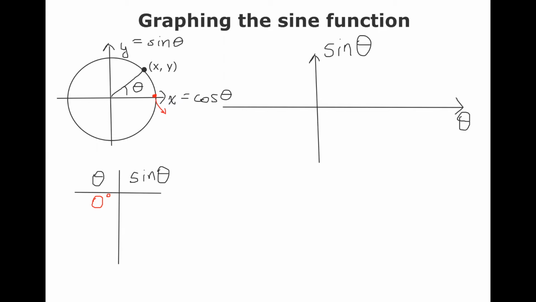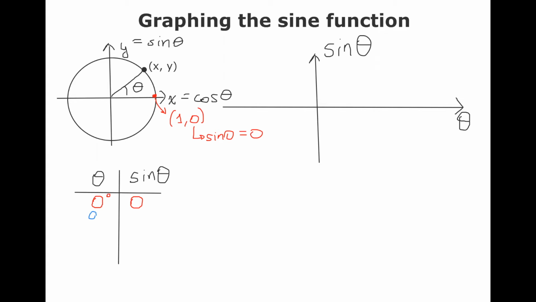And this point over here is going to have the coordinate 1, 0. And my sine is a y coordinate. This means that my sine of 0 is equal to 0. Therefore, going back to my table, if my angle is 0, the sine of 0 will also be 0.